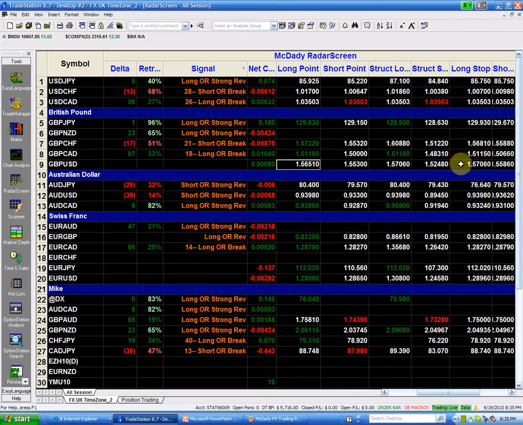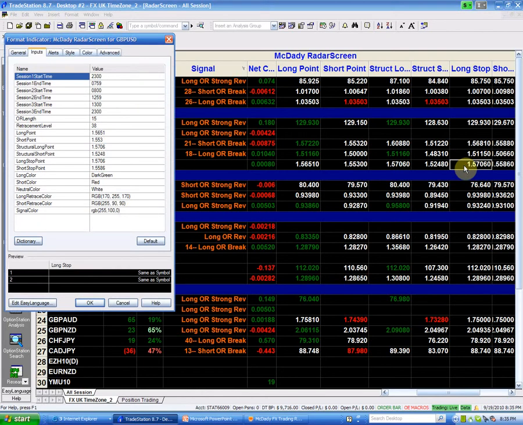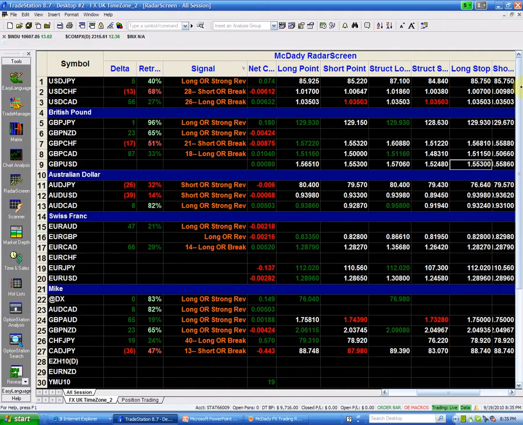This is the 155. That's how I transpose these two numbers. Let's do it again. Sorry, let's go through the chart again.